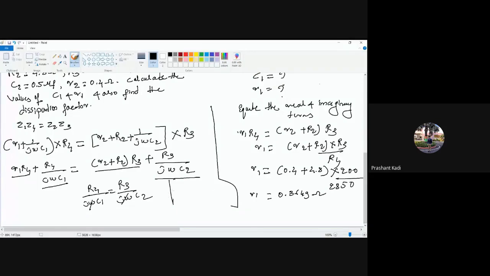C1 equals R4 by R3 into C2. We know R4, R3, C2. Just substitute the values. We get C1 7.125 microfarad.